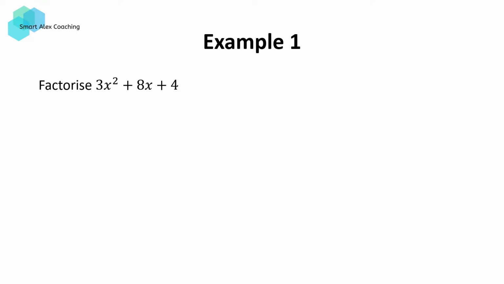To remind myself of the steps, I'm going to write down on the side here PSF. P stands for product, S stands for sum, and F stands for factors. We're going to look for two numbers, A and B, such that they multiply together to give the product of the coefficient of x squared and the constant, 3 times 4, which is 12.